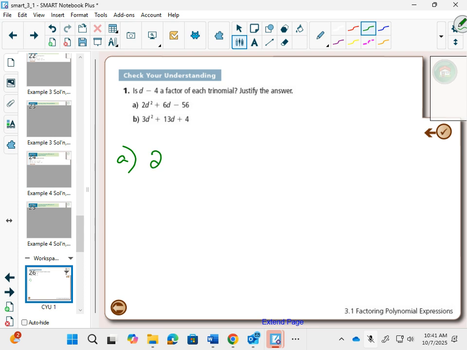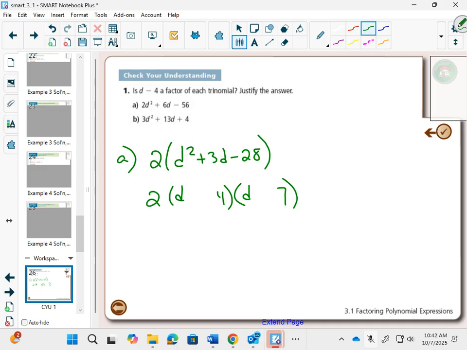Do you see that I could take out a 2 out of everything? So I have that common factor. Then this is a level 1 question, because this has to be d and d. 28, does 28 ever make 3? Two things of 28, so your outside and inside make 3? 4 and 7.